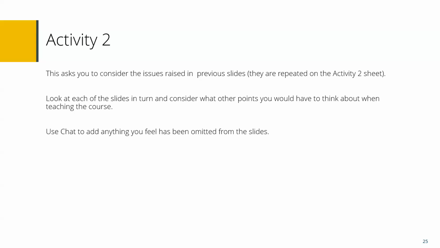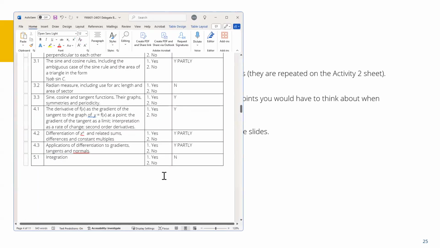I would suggest look at each of the slides in turn and consider what other points you would have to think about when teaching the course. So again, you can use the chat to share some of this. I'm just going to see if I can put that on the screen as well. So if I put the delegates one so you can have a look at that if you don't have it with you in front of you now.